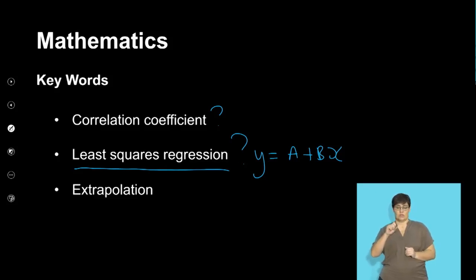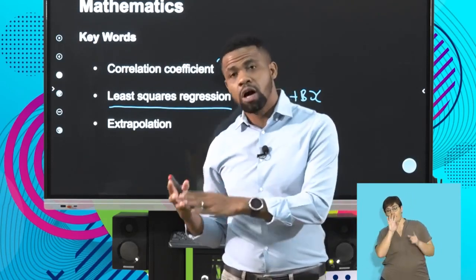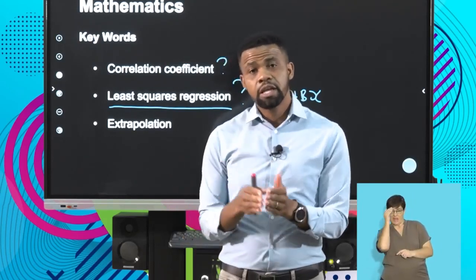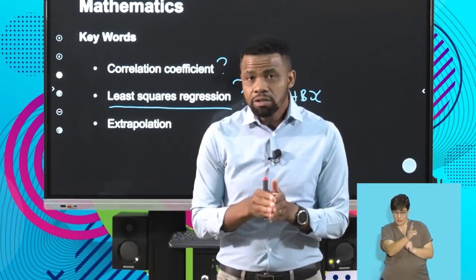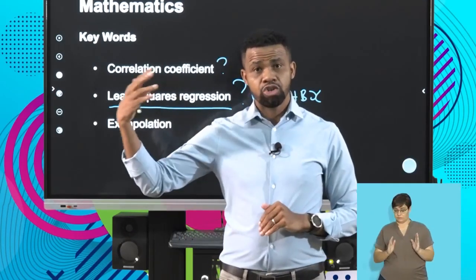Then extrapolation. Now, we have our least square regression, or the best line of fit. Now, when we want to predict or forecast, if we predict outside the range of the data, we are extrapolating.